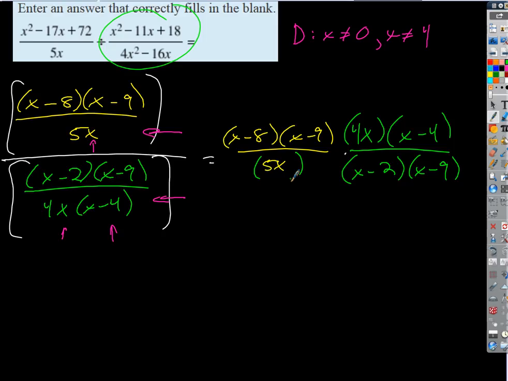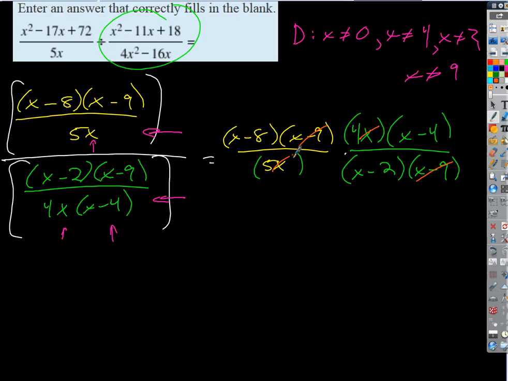Do we have any additional values we have to exclude from our domain? 2 and 9, it looks like, 2, right? Okay, and what can we cancel? We can cancel 9s. Is that it? No, x's.